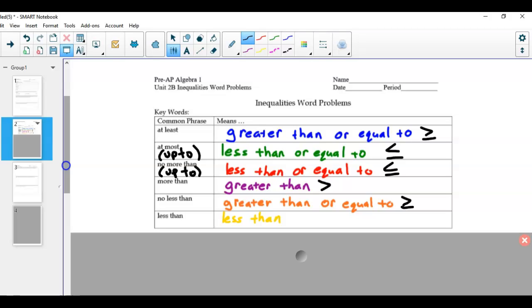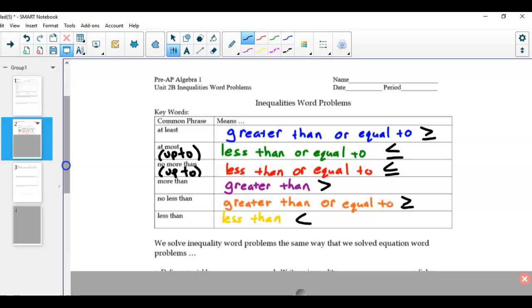I can have 3, but I can't have less than that. And then less than, of course, is strictly just less than. It is not subtraction in this case. Nowhere in this should there be equal signs. These are only inequalities, not equals.